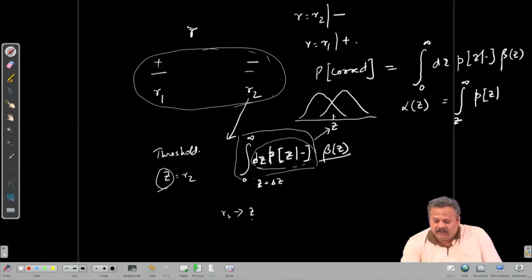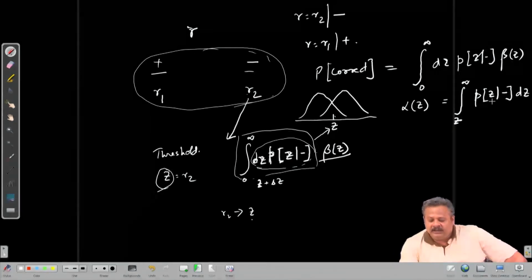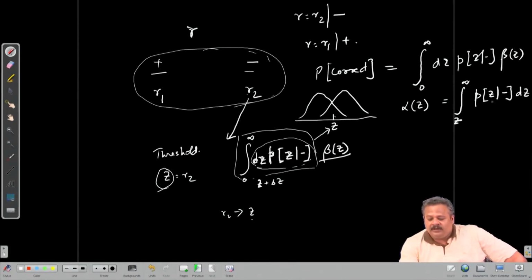If we integrate, the probability p of z given minus dz, the same way, is the probability that we are observing our second rate given the minus stimulus to be z, or around z plus dz.